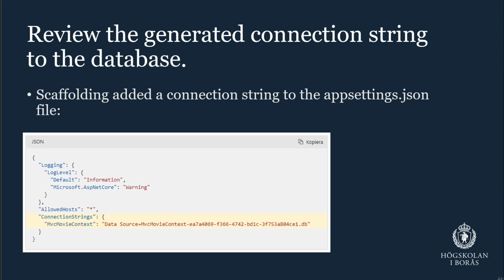If we review the generated connection string to the database, we can see that the scaffolding tool has added a connection string to the appsettings JSON file.